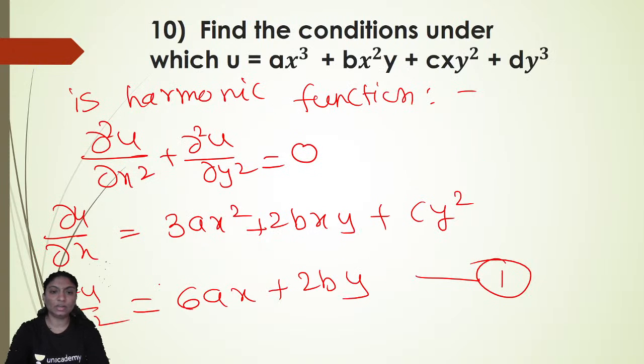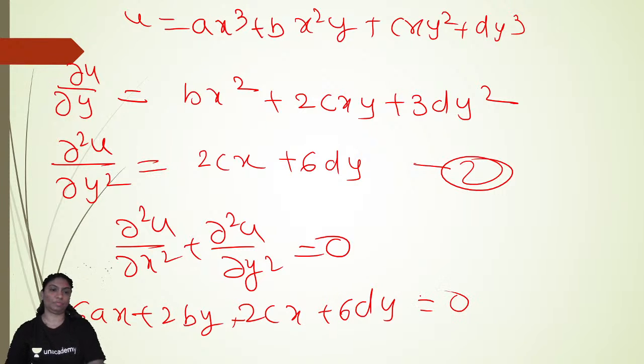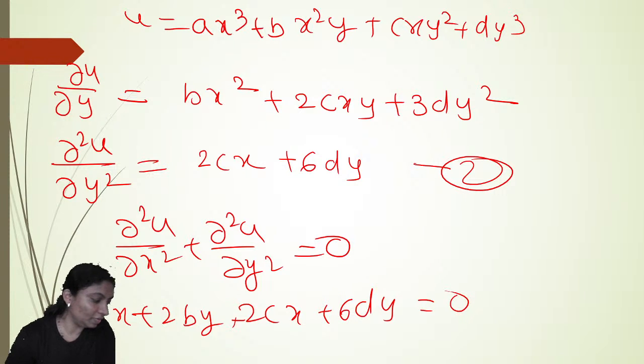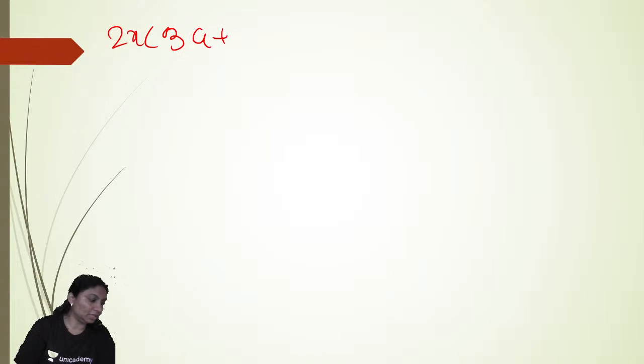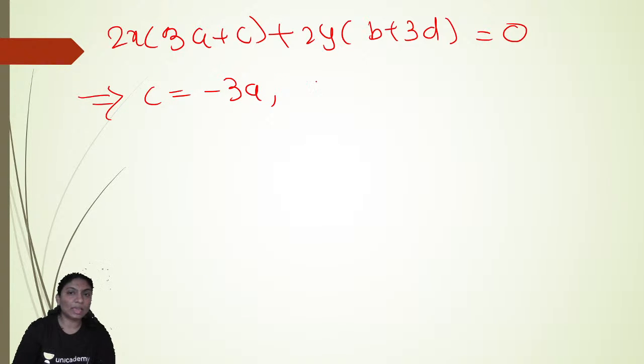So you will get here 6ax plus 2by plus 2cx plus 6dy is equal to 0. Okay, so comparing this equation, you will get 2x into bracket 3a plus c plus 2y into bracket b plus 3d is equal to 0, which implies c is equal to minus 3a and b is equal to minus 3d.